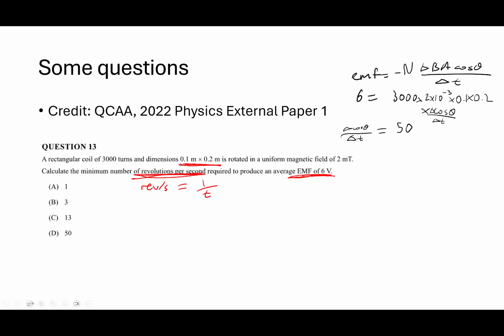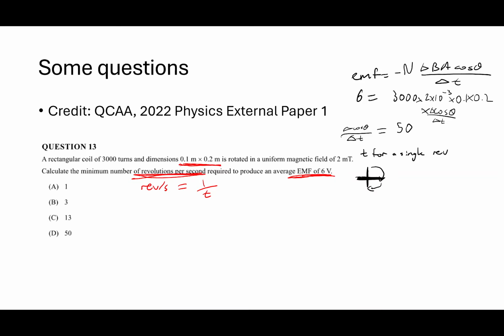So t for a single revolution will be when, if we use this to represent the coil, the coil has spun its quarters 4 times.